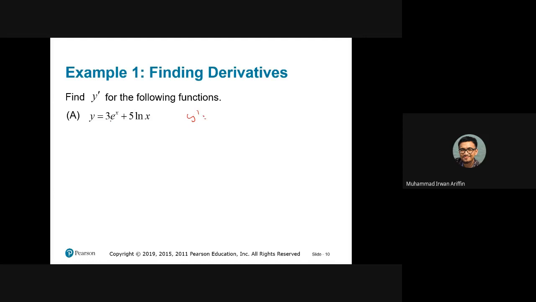Applying the formula, this is a constant. So we have e to the x, we get e to the x itself, plus 5 over x. Easy, right? So you should familiarize yourself and use the shortcuts, because if this question were to come in the exam, it would be very easy.